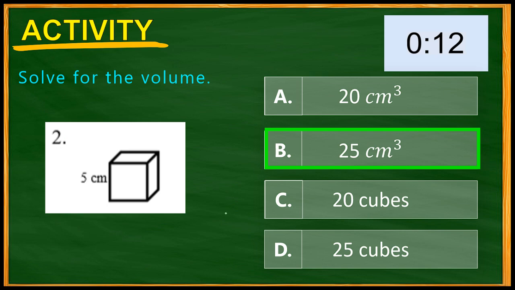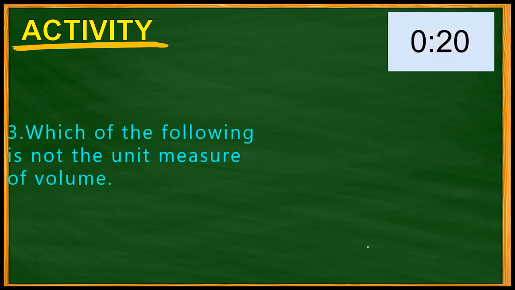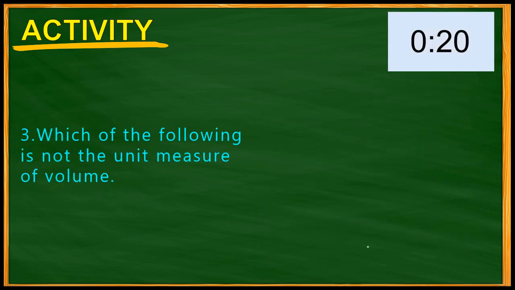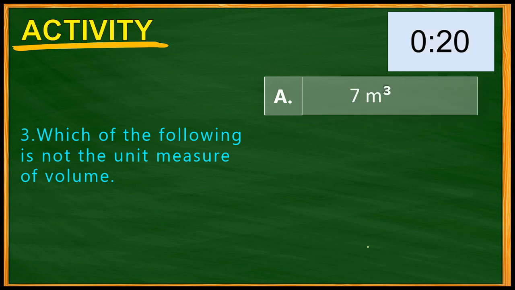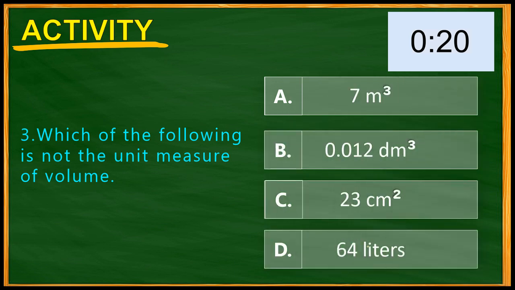So not 20 cubes. Next, which of the following is not a unit measure of volume? Is it letter A, B, C, or D? You have 20 seconds. Your timer starts now.